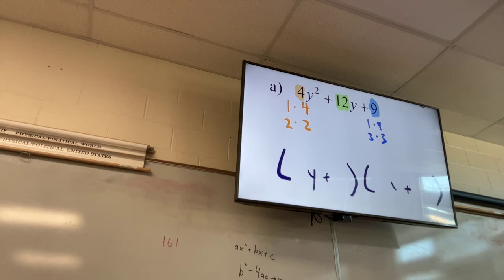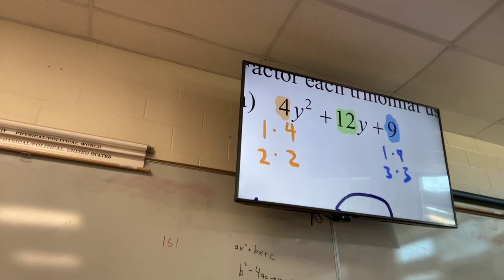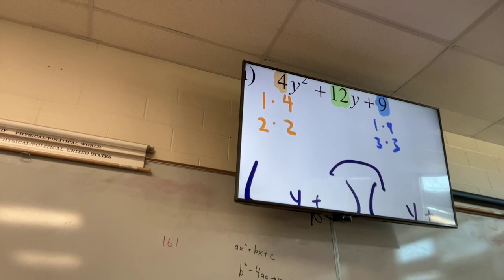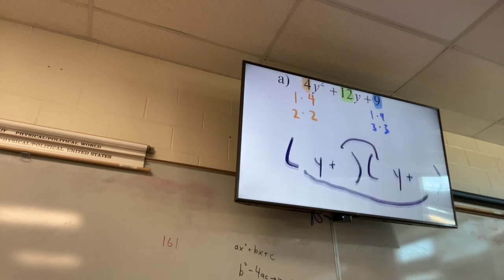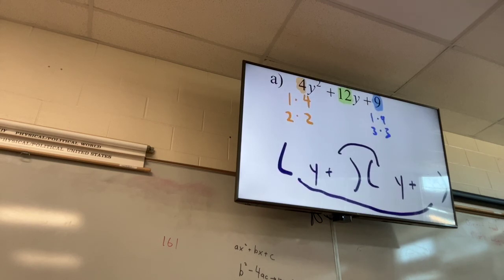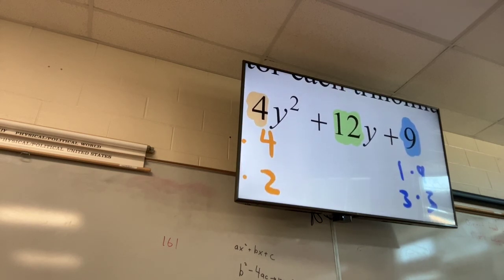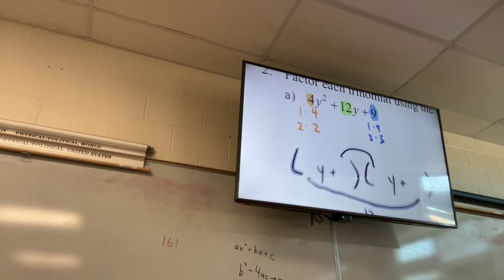When I FOIL this out, the outer terms and the inner terms added together have to be 12. That has to be 12, right? The product of the outer terms plus the product of the inner terms has to be 12 when I FOIL back out, okay?